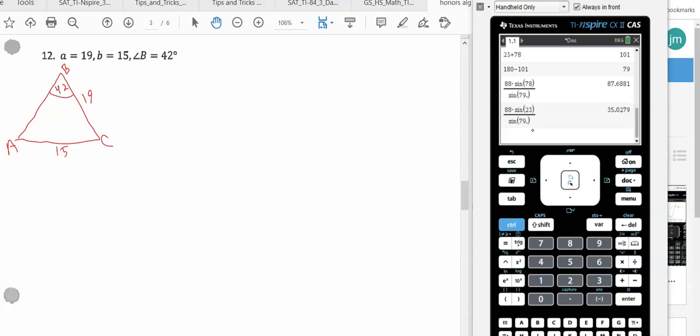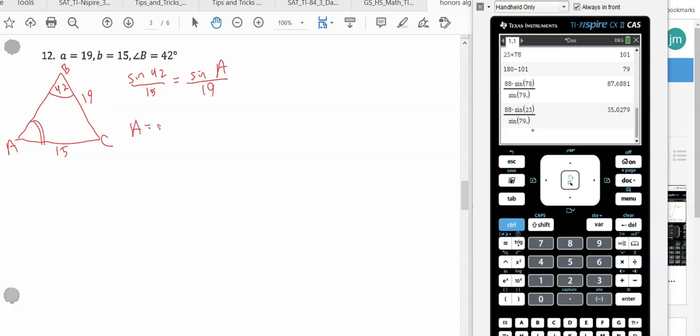Okay, let's set up law of sines. Here we go. Sine 42 over 15 equals sine of A over 19. We're going to find this missing one right there. Let's solve that for A.